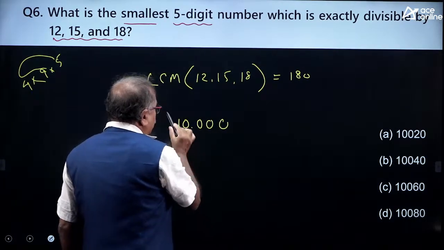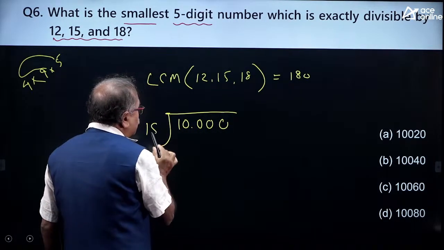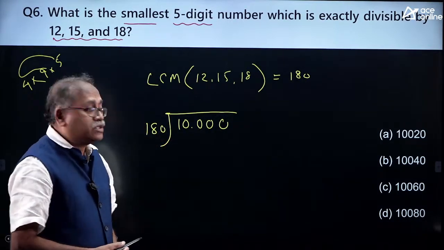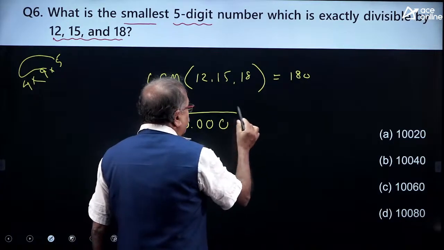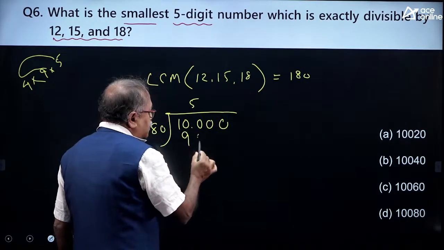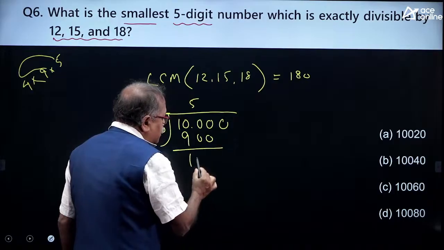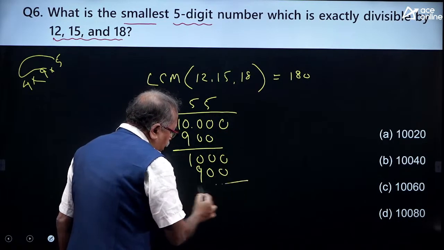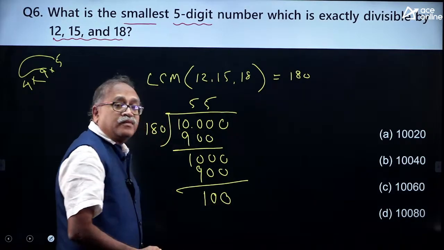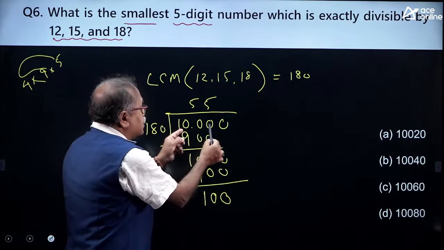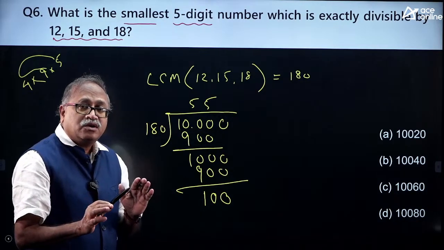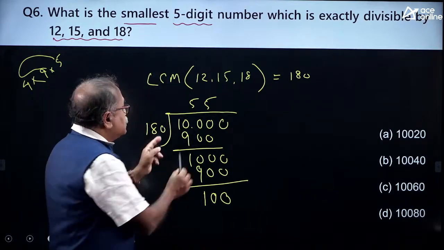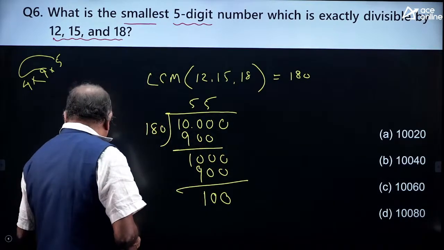That's 10,000. With this 10,000, I will divide by 180. 18 5s are 90. So first 5 times it goes, that is 900, and I get the 1000 over here. Then again 5 times 900, I am left with 100 here. So I should not subtract something from 10,000, or else it will become a 4-digit number. I need a 5-digit number, that means something has to be added. What is my remainder?